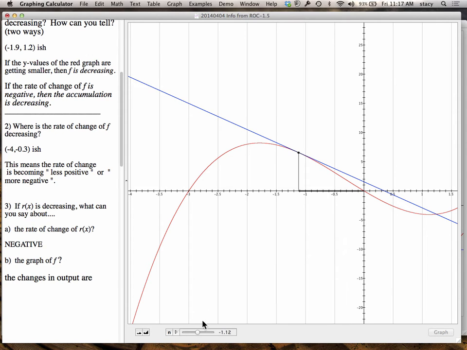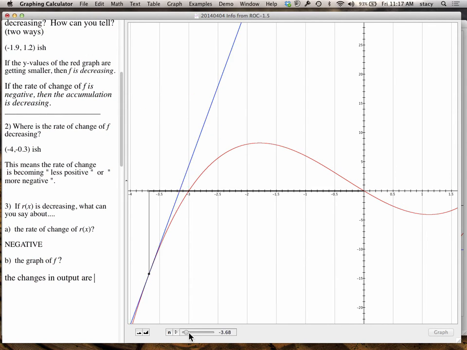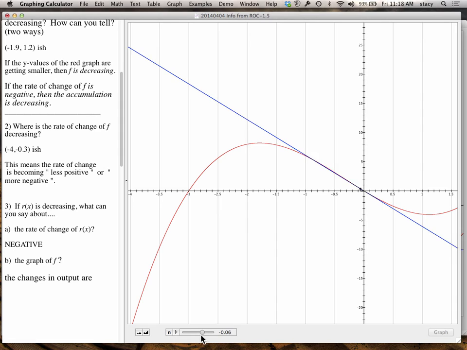I agree that that's what the graph is doing between -4 and -2. But remember, the rate is still decreasing from -2 to -0.5, and the graph is not increasing there, right? It's decreasing.